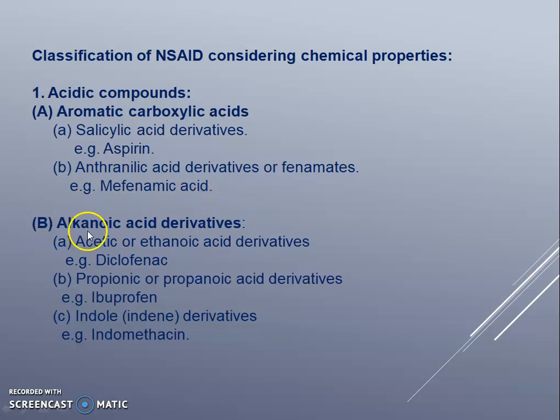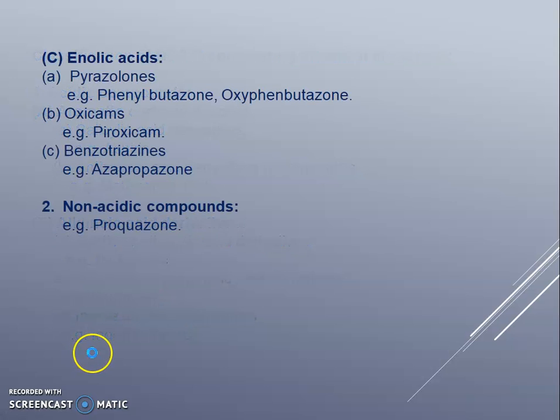Next class, alkanoic acid derivative, for example acetic acid derivative, for example diclofenac. Then propionic acid derivative, for example ibuprofen, and indole derivative, for example indomethacin.